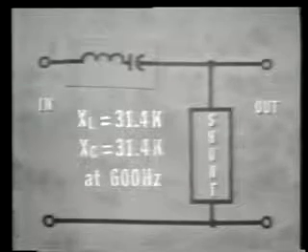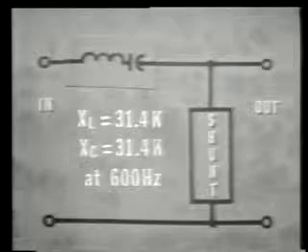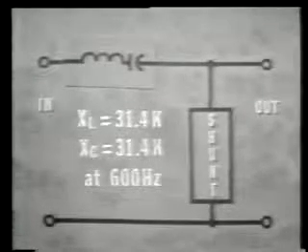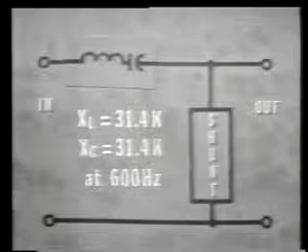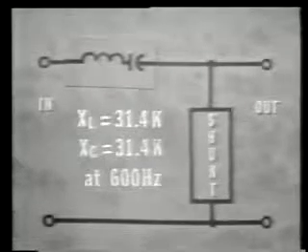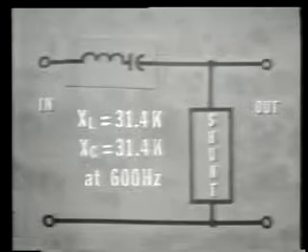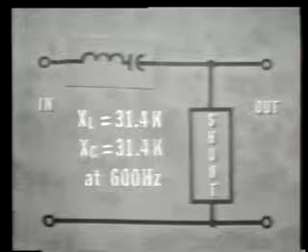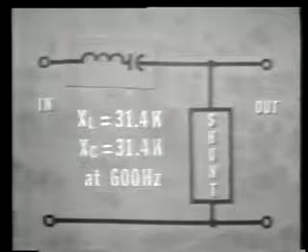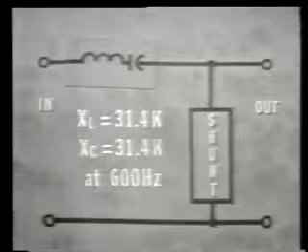Since inductive reactance and capacitive reactance are opposite forces, they're 180 degrees out of phase, and since in this case they're equal values, 31,400 ohms at 600 hertz, the combined reactances exactly cancel each other. So the net effect of the combination is to offer minimum opposition to 600 hertz.